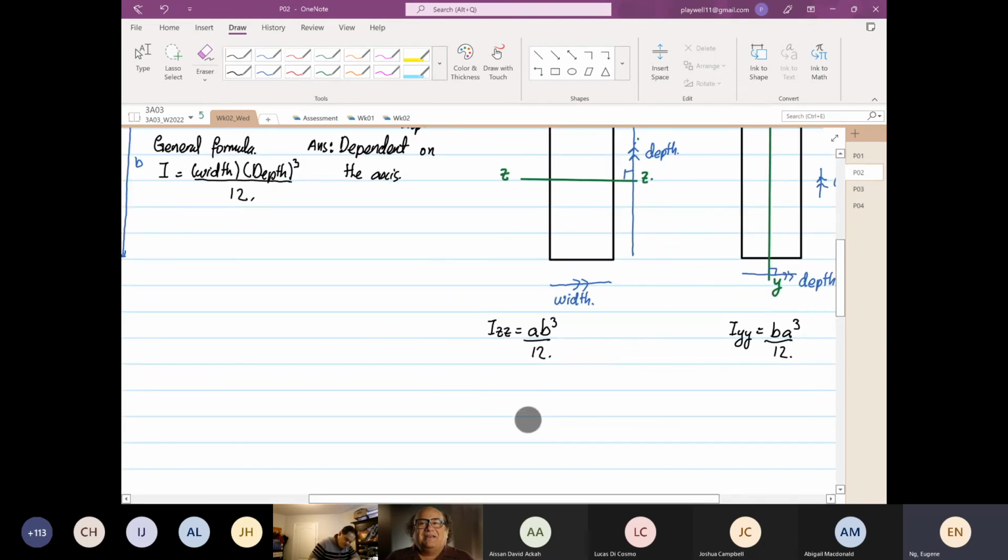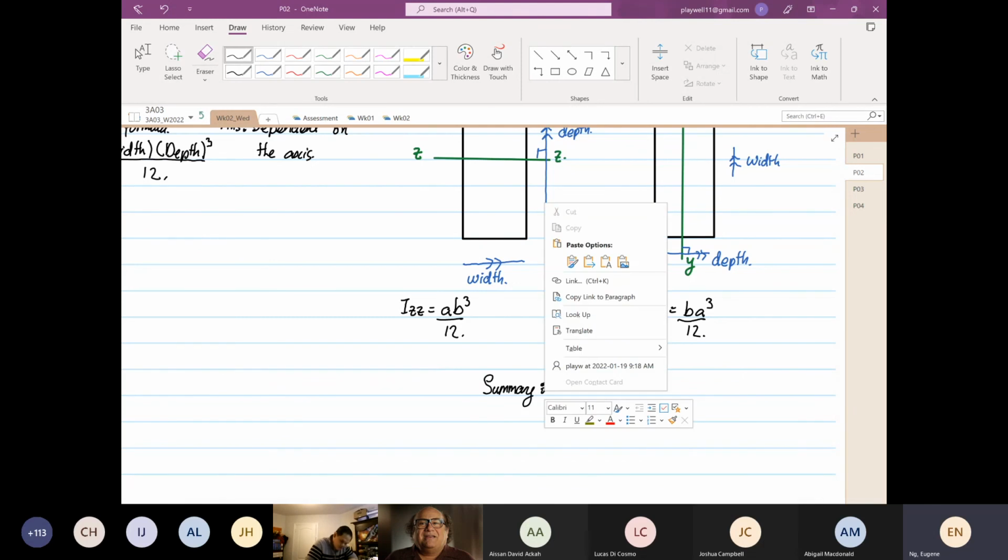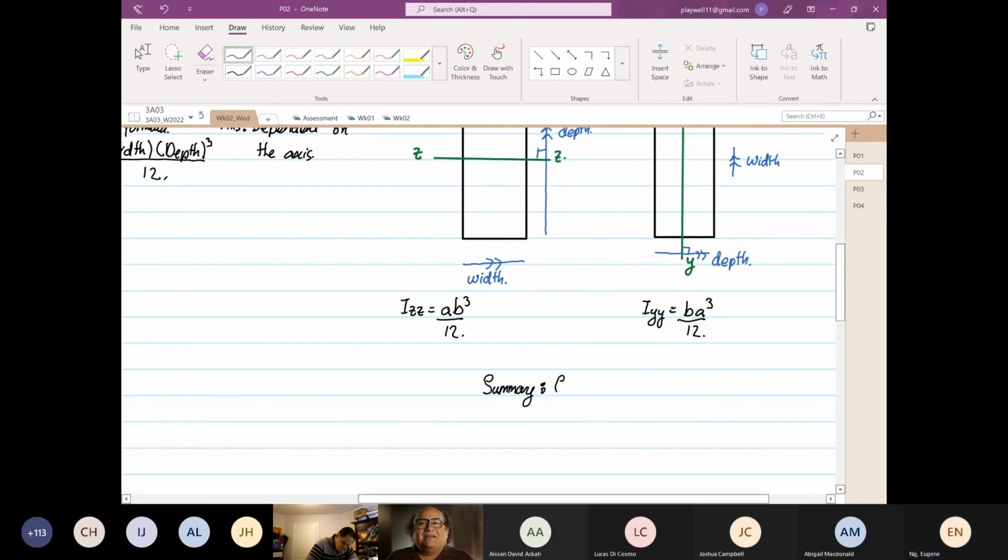So in summary, I'm going to summarize and I'm done. Okay, I know I'm near the end. So the summary is what? Geometry parallel to axis of interest is the width.